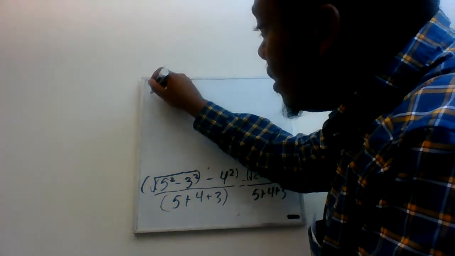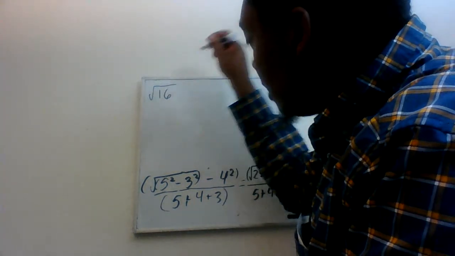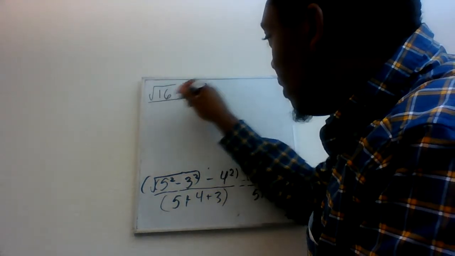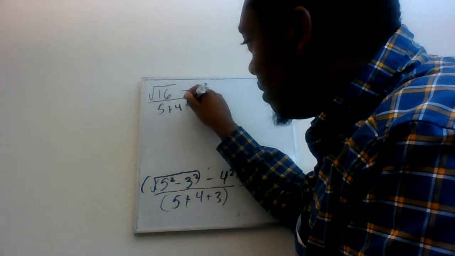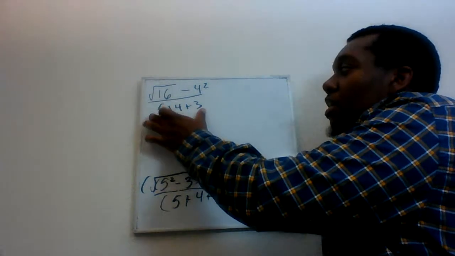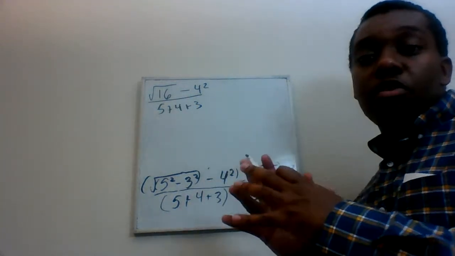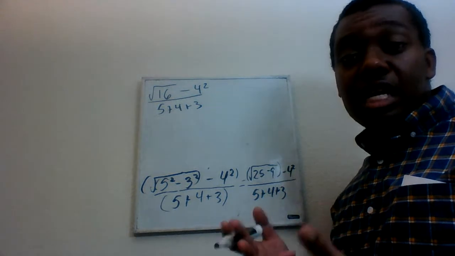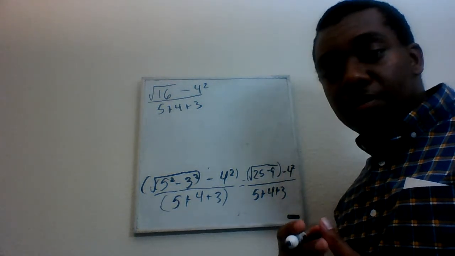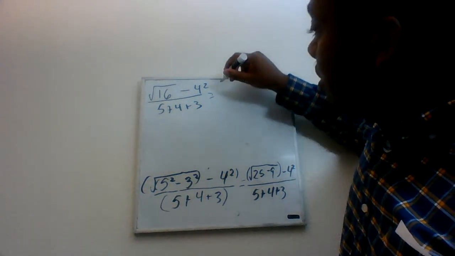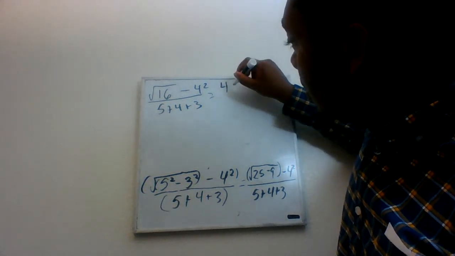So this would be the square root of 16 minus 4 squared over 5 plus 4 plus 3. Now, a lot of times for myself, I would have already added this together because this is its own separate group that has to get done before we can even divide. But just for the sake of us learning and taking it step by step, I'm going to do it this way. All right. So square root of 16 is 4.